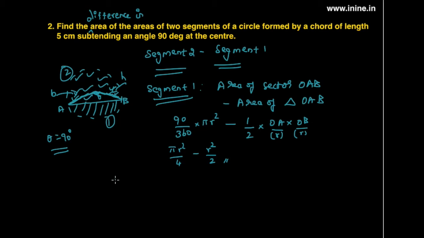And for segment 2, segment 2 is nothing but the major segment of the circle. It is nothing but the area of the total circle minus area of segment 1.